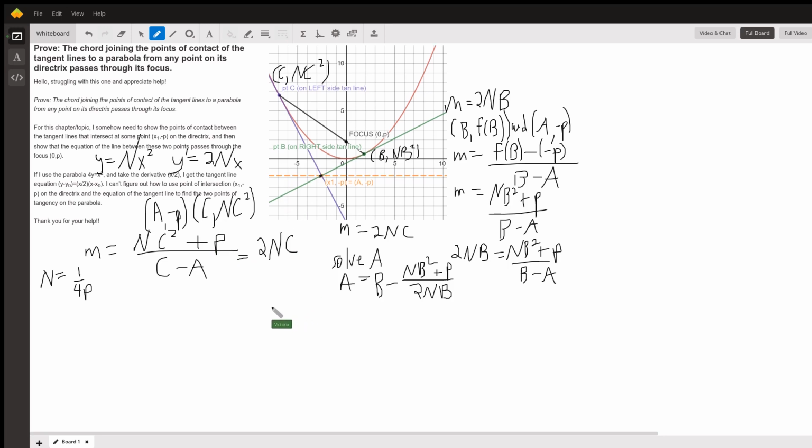Now, we solve this for a, and then we can use that a over here to find out what c is. So once you choose b, you use it to find a, and then you use this expression for a here, and you can solve for c.